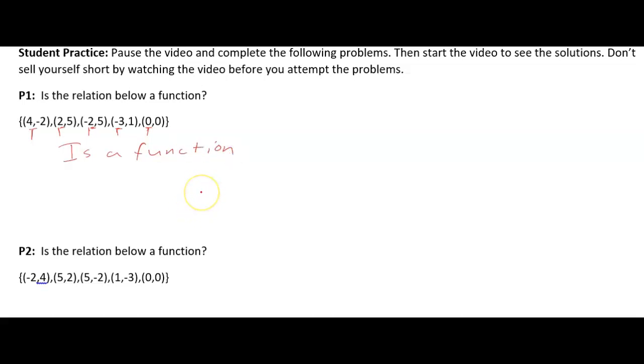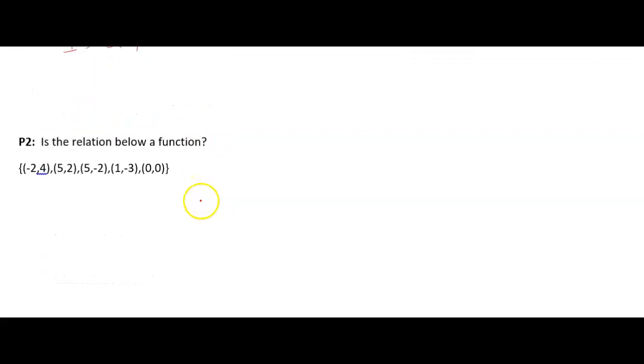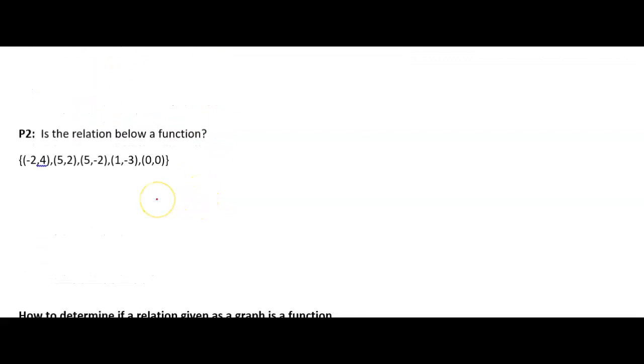So let's look at the second problem. Again, you have a set of points. What I'm talking about here, the big idea that no x has more than one y, or no element in the domain has more than one element in the range, is true for all forms of the relation. But right now we're talking about when you have a list of points.